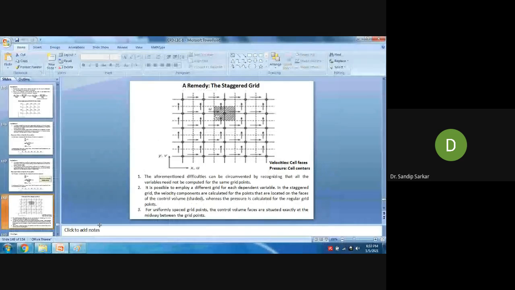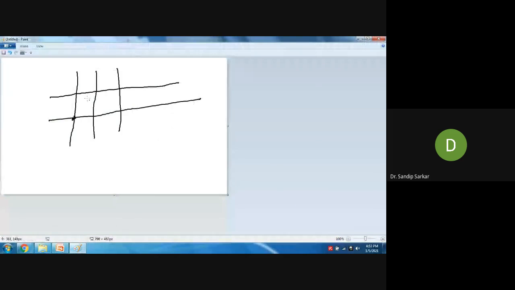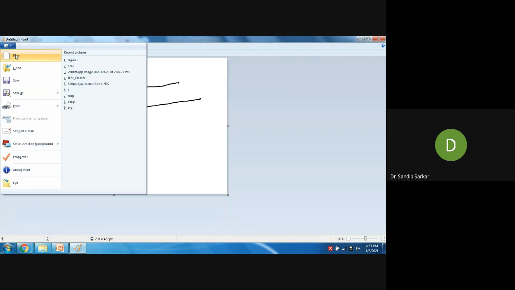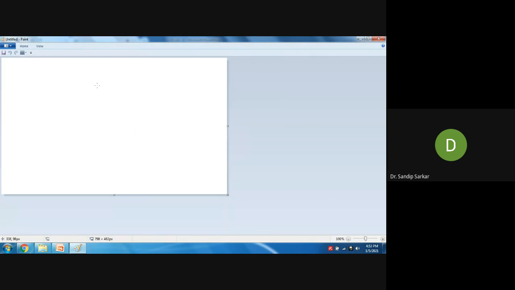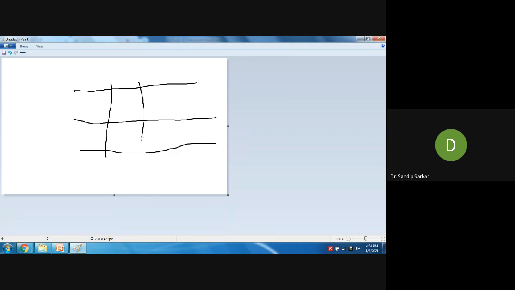How? Let us explain it here. This is very difficult actually using Paint. Suppose you have a two-dimensional domain, please understand this. You are discretizing the equation into a number of finite volume cells.